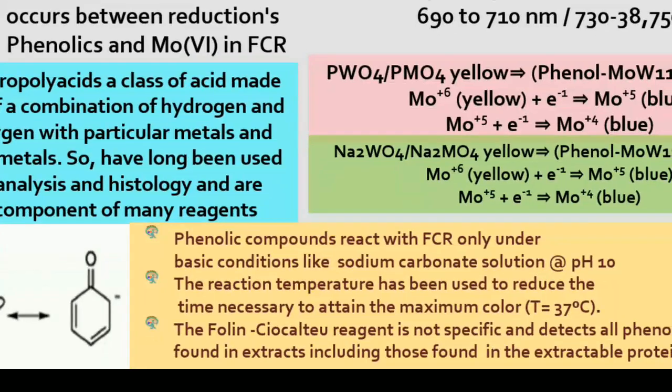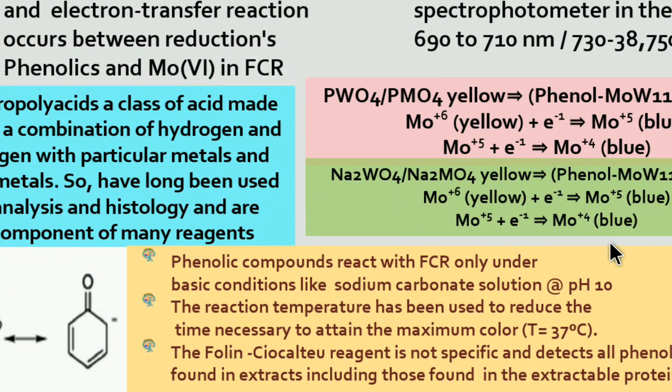Further is that phenolic compounds react with FCR only under basic conditions, where they will use the buffer of sodium carbonate solution at pH 10. The reaction temperature has been used to reduce the time necessary to attain the maximum color. So here this is a very important point.